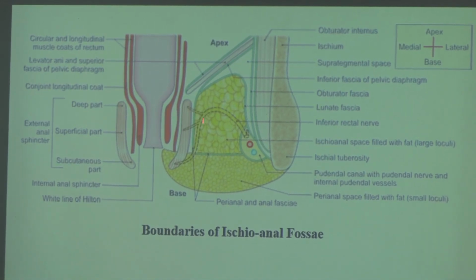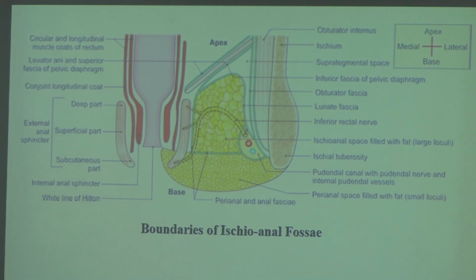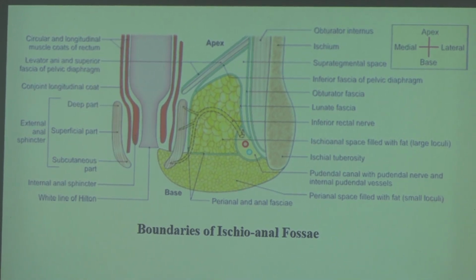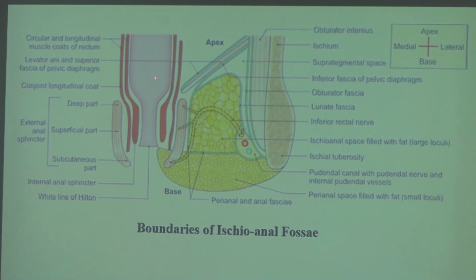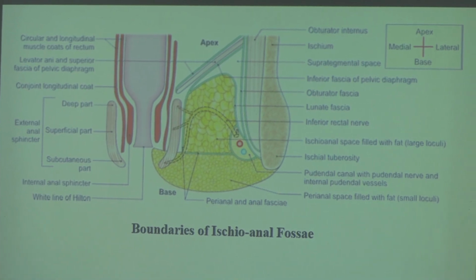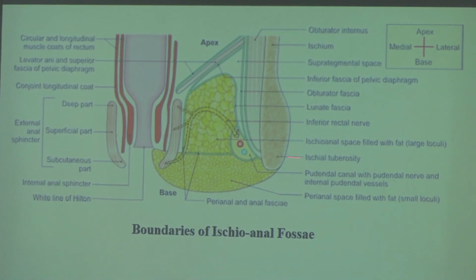Inside this you can see only fat or fatty tissue is present, along with a few important nerves. As I said, whenever the stool is passing during defecation, this will expand, and the area required is provided by the ischioanal fossa.